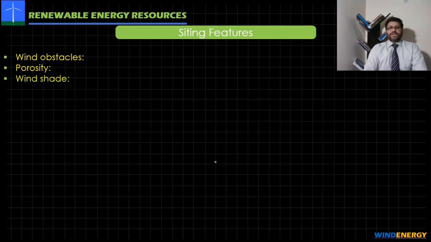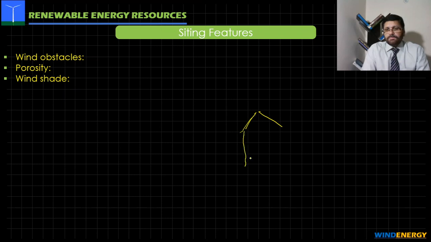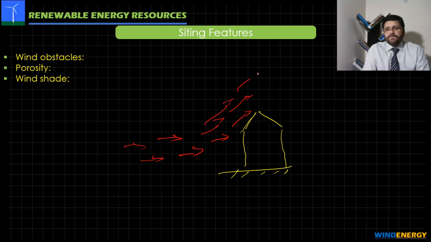Then the wind shade effect. Again taking the example of the building, the wind is coming from this direction. After striking, the wind goes above and again moves like this.